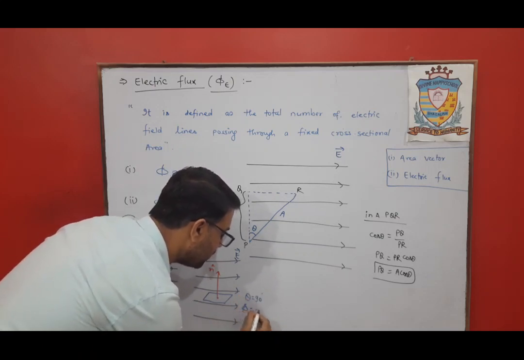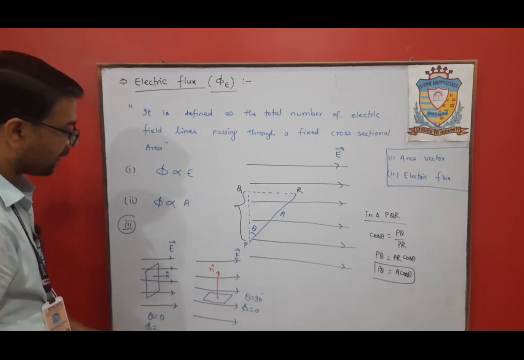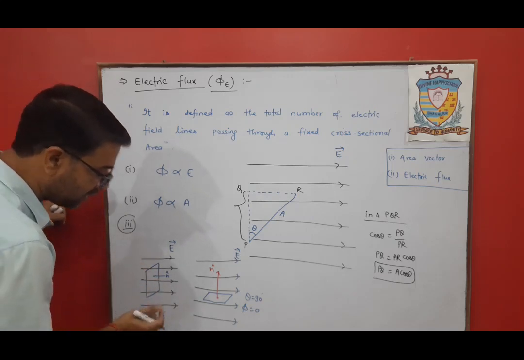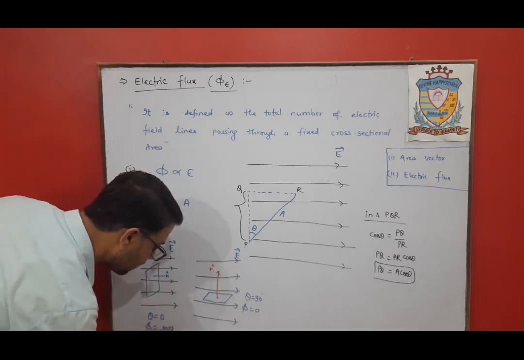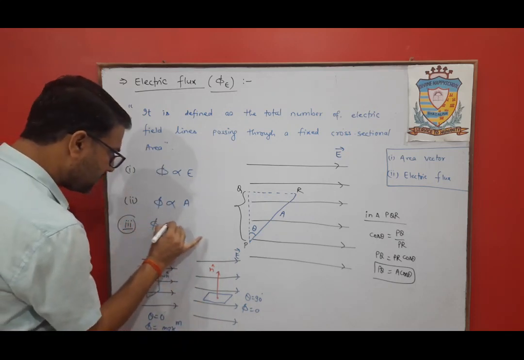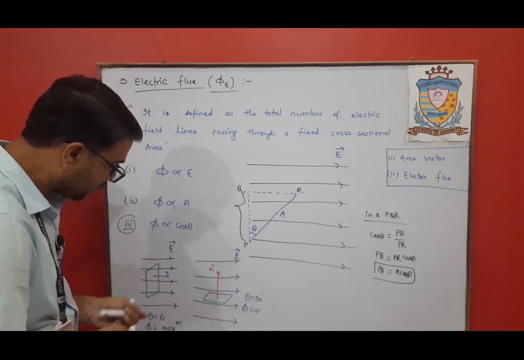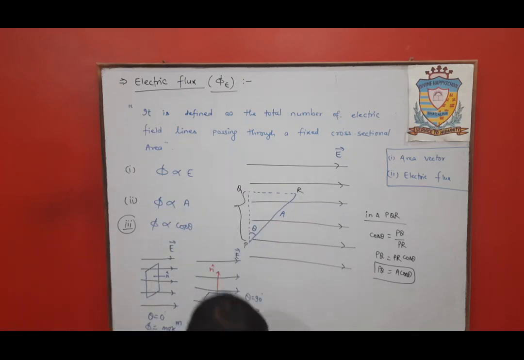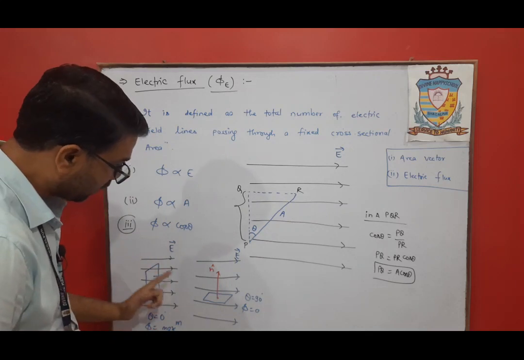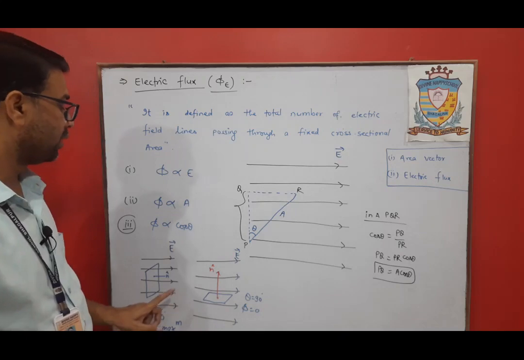So electric flux, when theta is 90 degree, phi will be 0, and when theta is 0 degree, phi is maximum. So we can say this phi is directly proportional to cos theta, because if we increase the value of the angle, the total flux will decrease, as it is maximum at 0 degree.